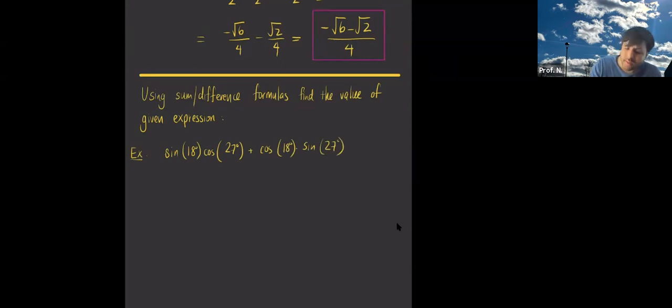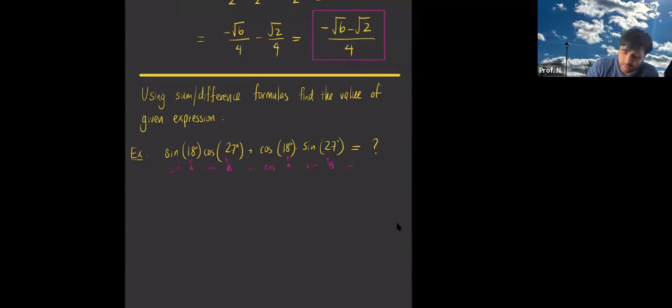So look at this. I want to know what this equals. Of course, you can put it in your calculator, but there's an algebraic structure or formula behind this that we've just discussed. So what do you notice? Sine of 18 cosine of 27 plus cosine of 18 times sine of 27. What does this look like? This is my A, this is my B. Sine, cosine, cosine, sine. What is sine of A cosine of B plus cosine of A sine of B?